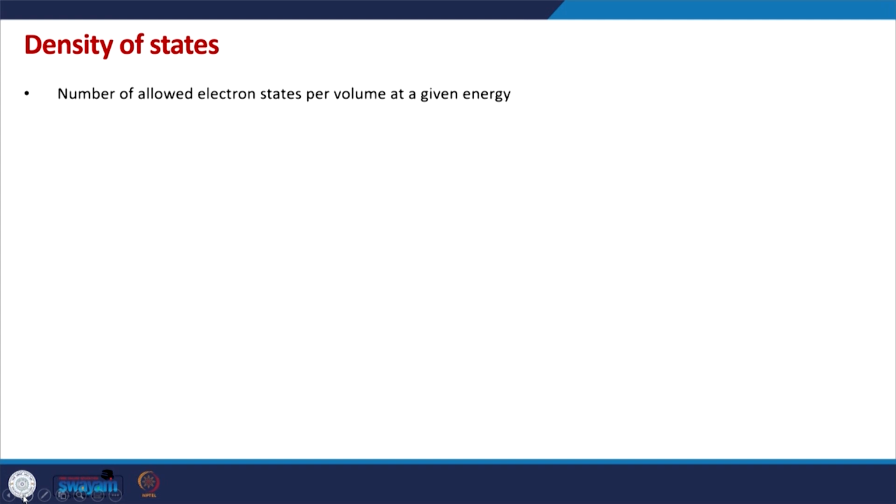Density of states in very simple terms is the number of allowed electronic states in a material per unit volume of that material at a given energy. So, at a given energy, the number of valid electronic states per unit volume in a material.